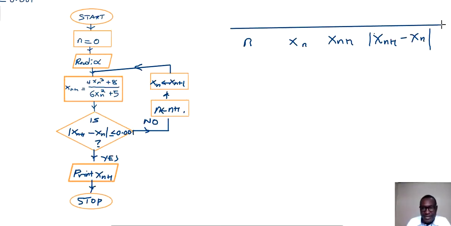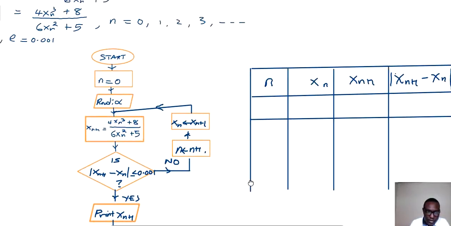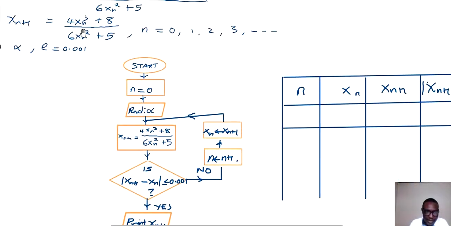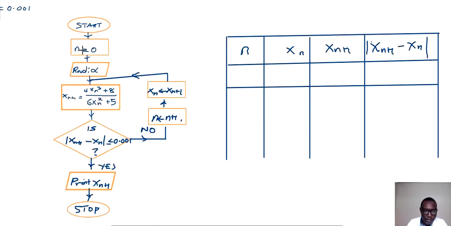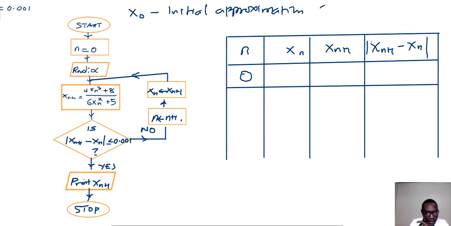So let's get started. Let me draw my table here. We are going to start by assigning n to be equal to 0. So when small n is 0, we shall have to get x0. x0 is the initial approximation, and it is the same as alpha.